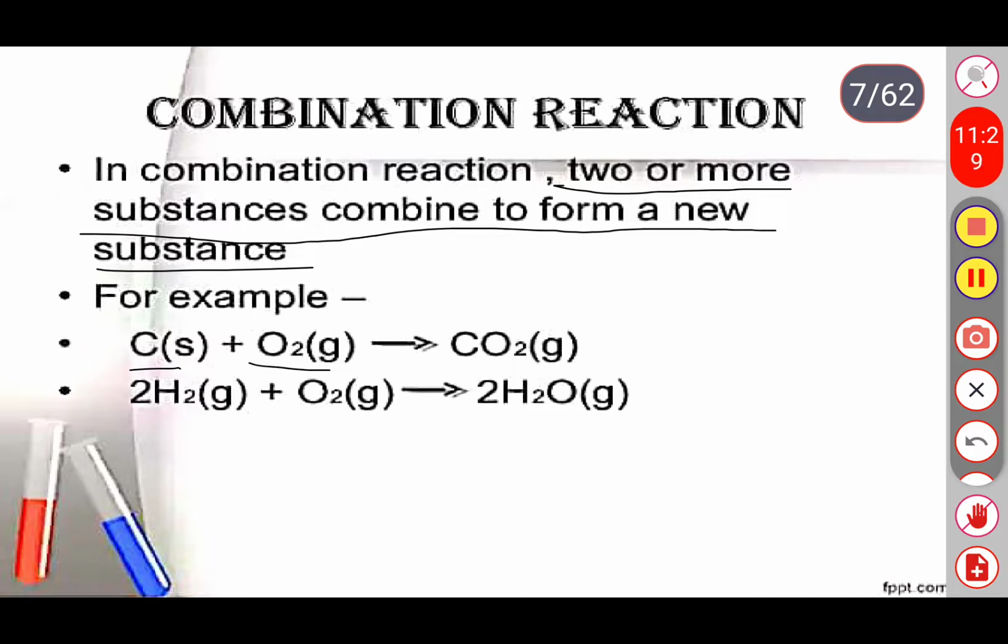It means the two substances are combining together and forming one single compound, carbon dioxide. So see this statement of the combination reaction: two or more substances, and here I'm taking two substances, combine together to form a new substance, carbon dioxide.